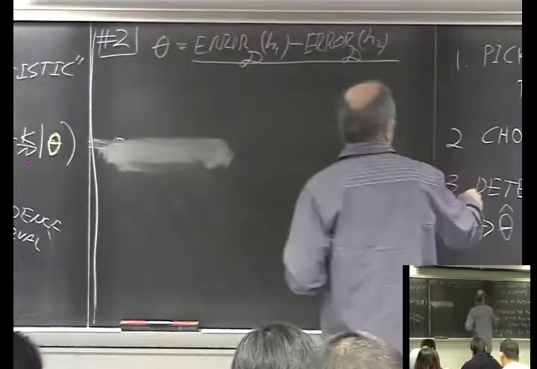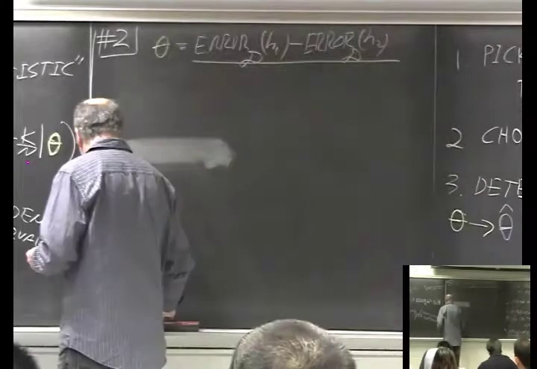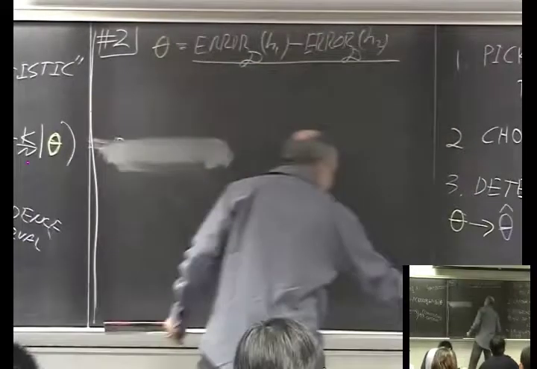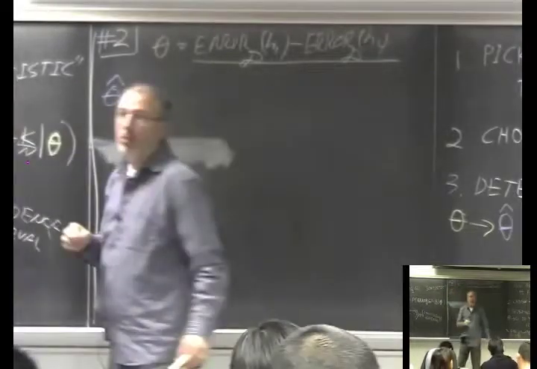Okay, number 2 is choose an estimator. What's going to be our estimator? I need purple for that. What is our estimator going to be?